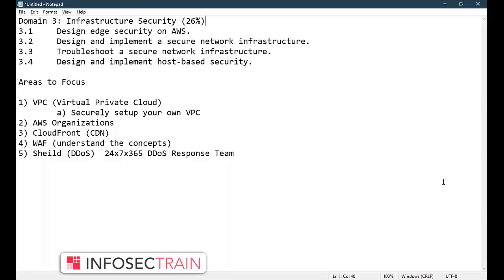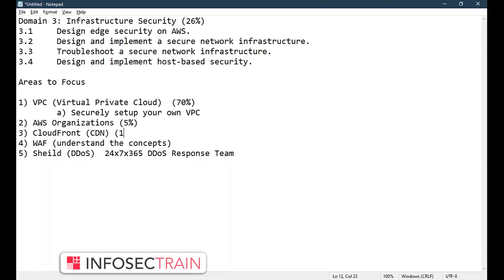No, they are using different ones, but they don't reveal the names actually. In this domain it is 26%, but if you want to pass the exam, focus 70% on the VPC part. Focus less than 5% for those organizations.